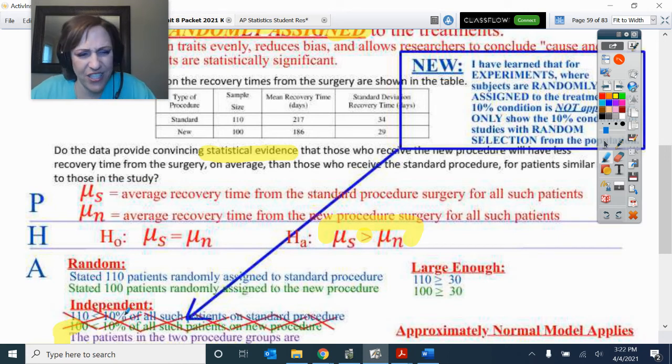Because it's kind of strange saying 110 is less than 10% of all such patients that ever go on the standard procedure. So I've learned that for random assignment, we actually do not show the 10% condition, only for observational studies where we have random selection from the population.